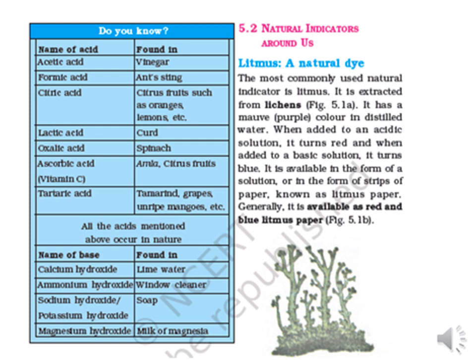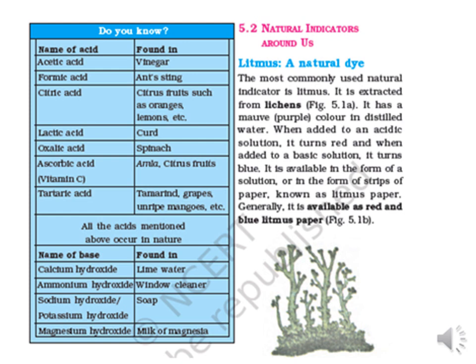Then lactic acid is present in curd. Then oxalic acid is present in spinach as well as tomato. Then a very important acid, ascorbic acid, is present in amla and citrus fruits. This ascorbic acid is very important for improving our immunity.